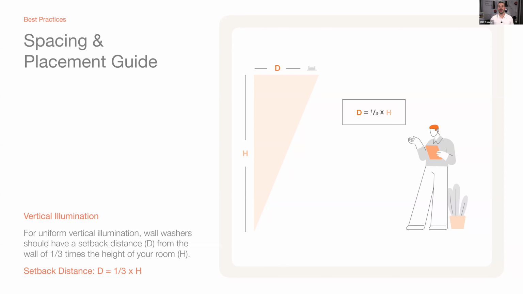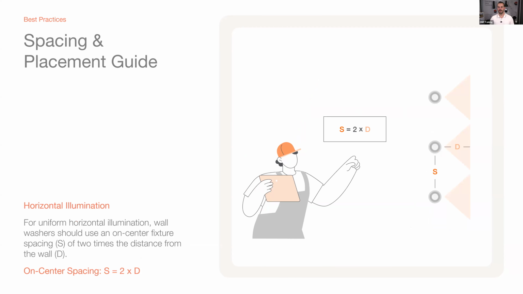So in the case of the M series, we have a general ambient 90-degree beam spread, as well as, on some of the higher lumen fixtures, a wide flood 60 degrees. So between those two, you have some options to get a really good, even, rather wide beam spread that's going to work the best for that fixture. But in terms of your setback distance of D, you want to get about a third of the way back from the height of your wall.